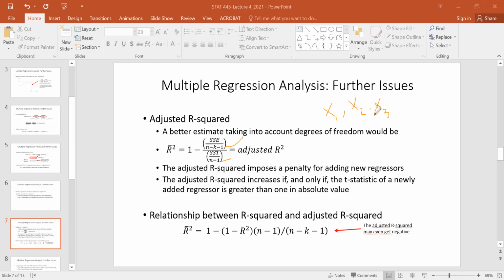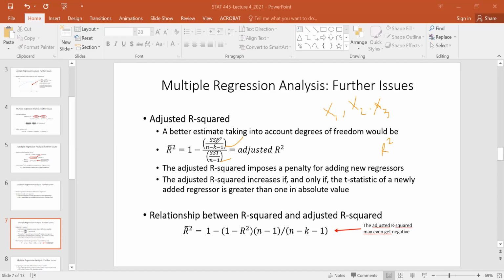To penalize for adding irrelevant variables, the adjusted R squared will only go up if that variable contributes to explaining the variation in Y, the dependent variable. So this is supposed to penalize those who are fond of throwing in any irrelevant variable just to make R squared high, and then they run to town and say they have a good model. So the adjusted R squared divides by the degrees of freedom.